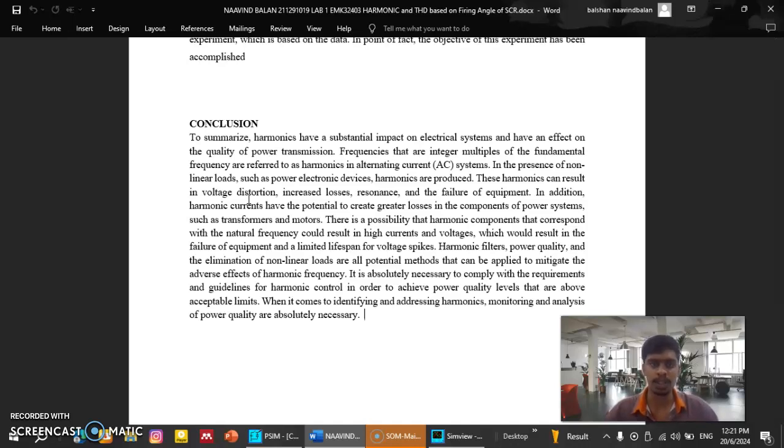Harmonic components that correspond with natural frequencies could result in high current and voltage, which could cause equipment failure and limited lifespan. So it is absolutely necessary to follow the requirements and guidelines of harmonic control to keep the power quality within accepted limits. Identifying harmonics, and monitoring and analyzing power quality, is absolutely necessary.